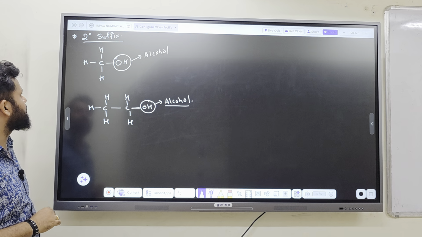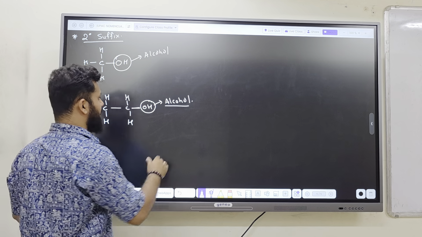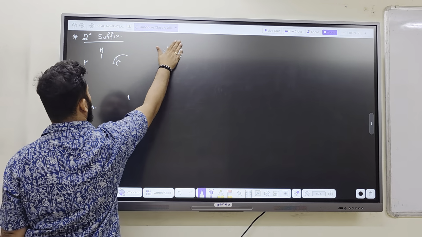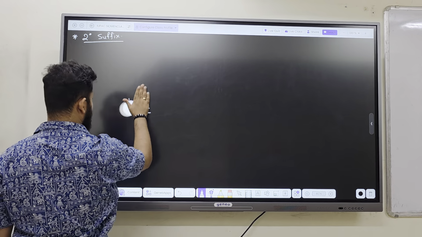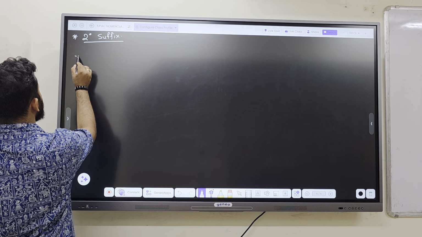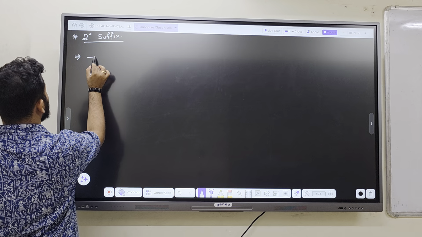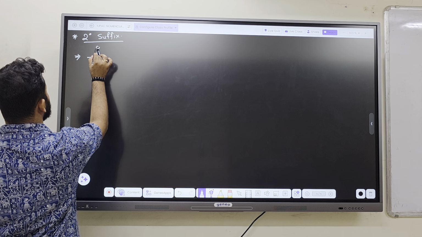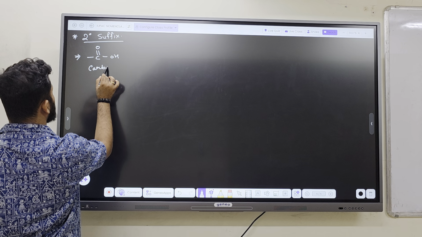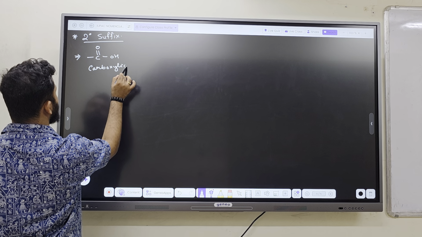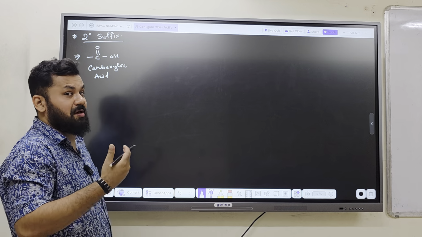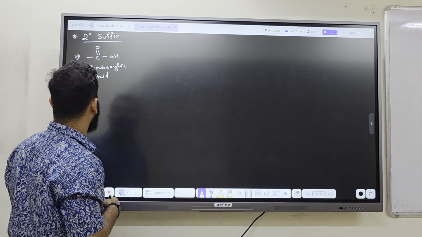There are various functional groups, all right? So I'll give you the list of these functional groups along with their priorities. Sir, why priority? We'll discuss it. One functional group looks like this, COOH. It is called carboxylic acid. This gets the highest priority. Sir, priority means what? I'll explain to you.